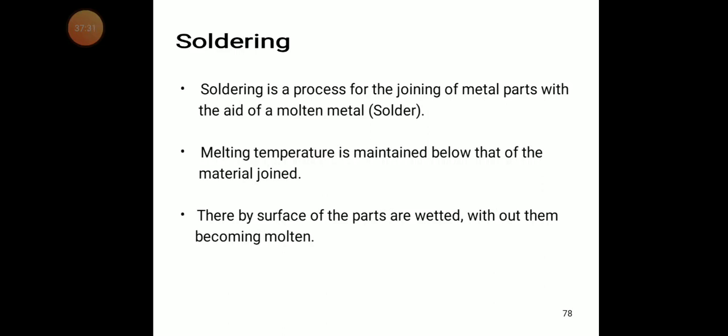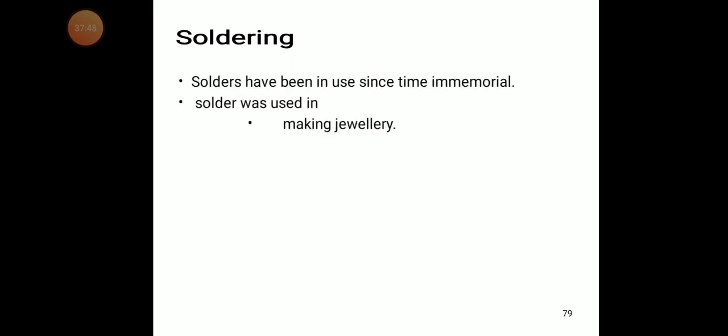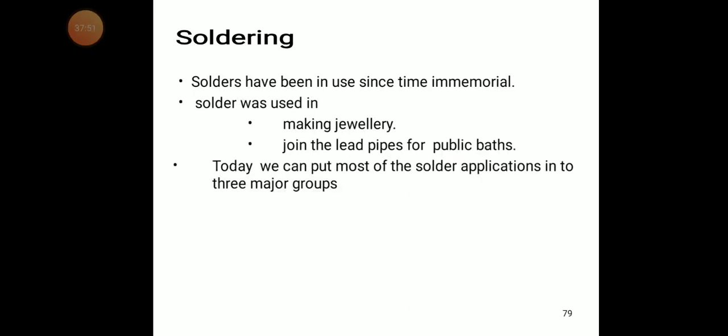Soldering is very important. Soldering is a process for the joining of metal parts with the aid of a molten metal. Soldering has been in use since time immemorial. Solder was used in making jewelry and joining lead pipes for public baths.